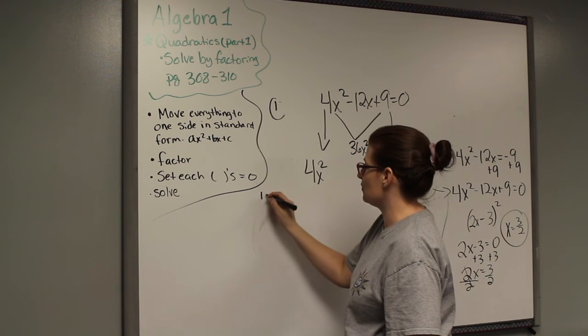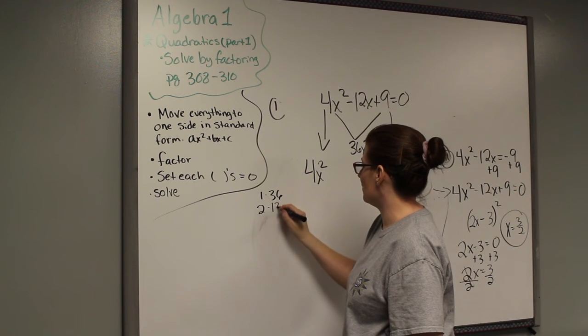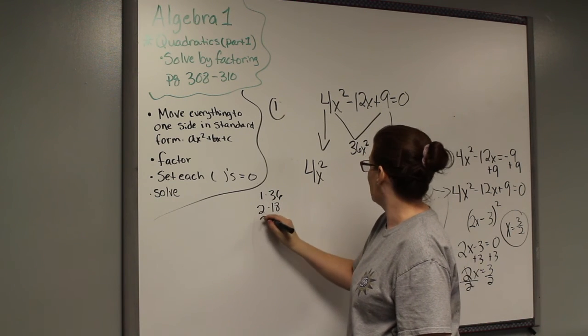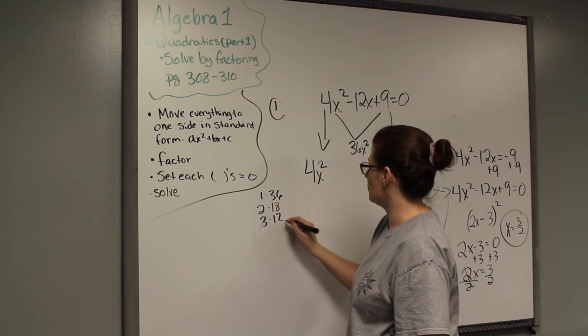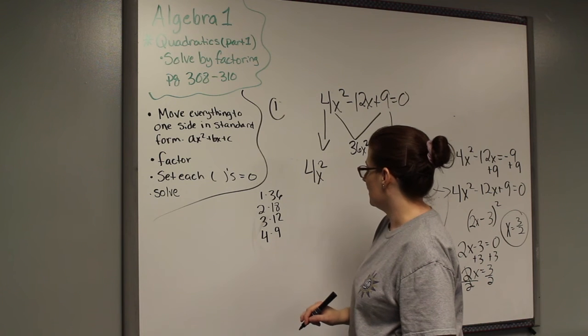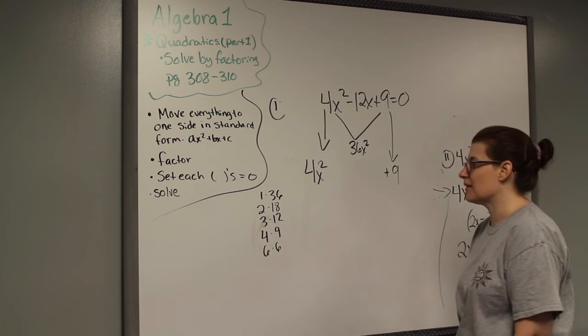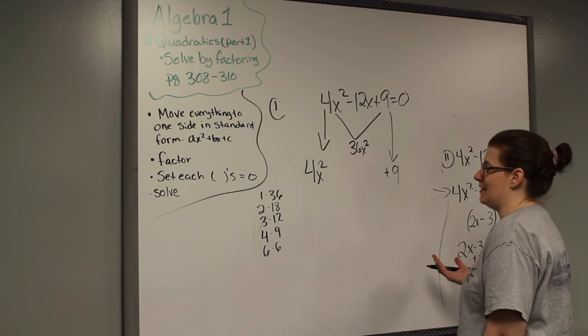So what can I multiply to 36 and adds to negative 12? Well, let's look at the factors. 1 times 36, 2 times 18, 3 times 12, 4 times 9, and 6 times 6, right? Which one of those is going to make a 12 if you added them?